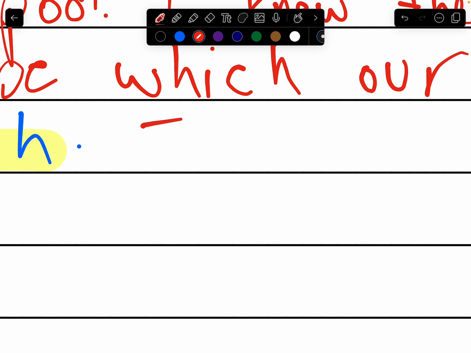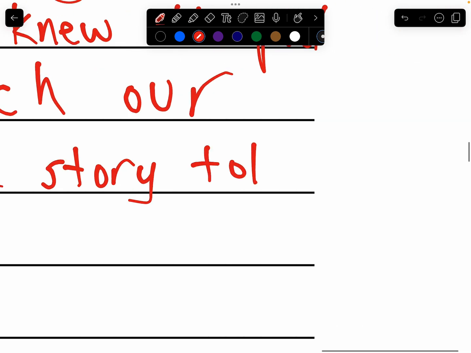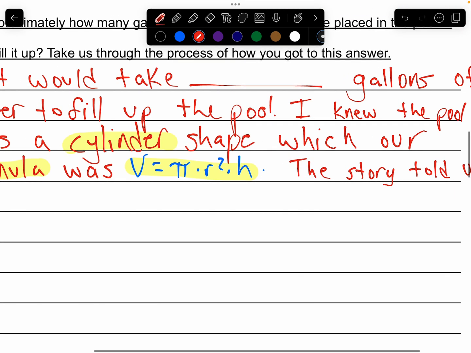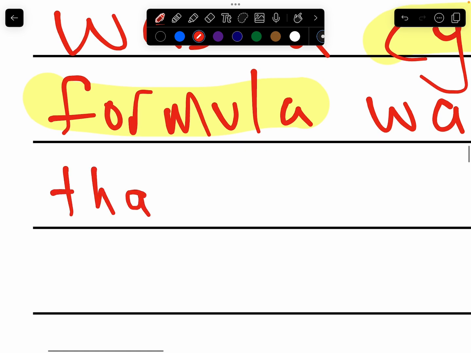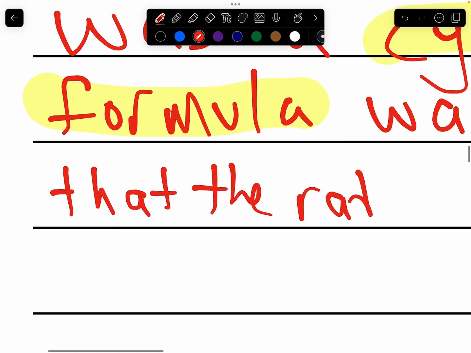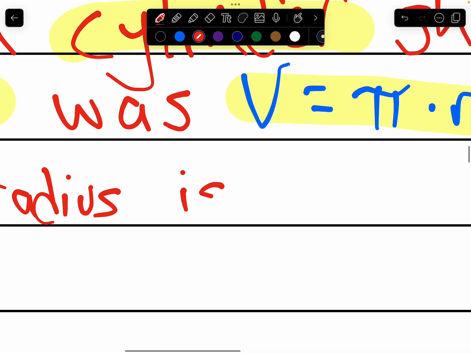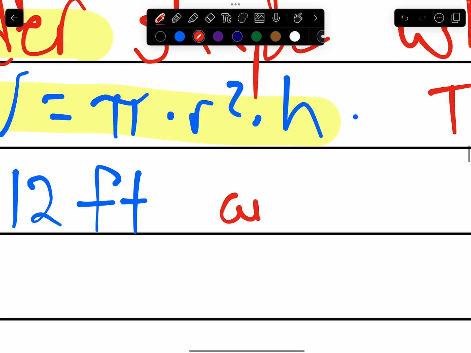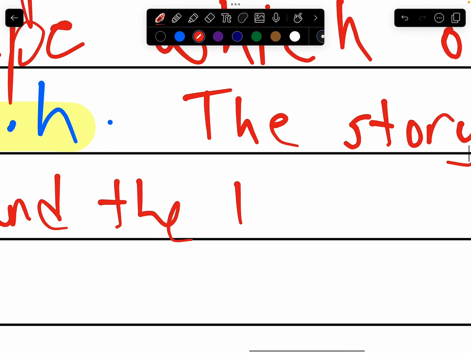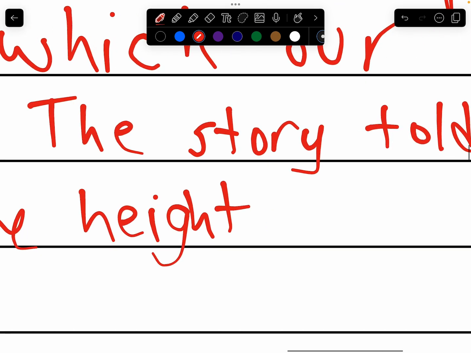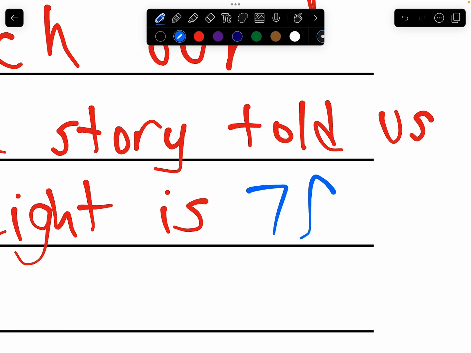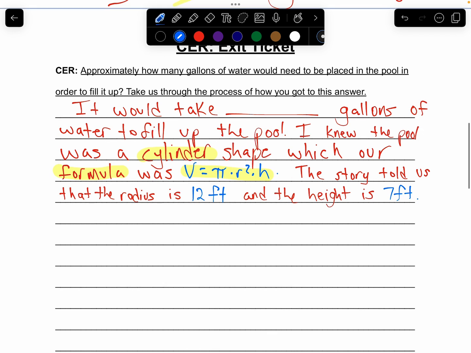So, the story told us, or the writing told us, however you guys want to put it, that the radius is 12 feet and the height is 7 feet. That's what the story told us. That was given to us. More keywords here. Radius, height.